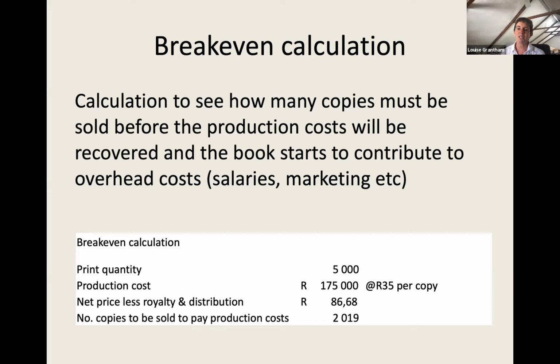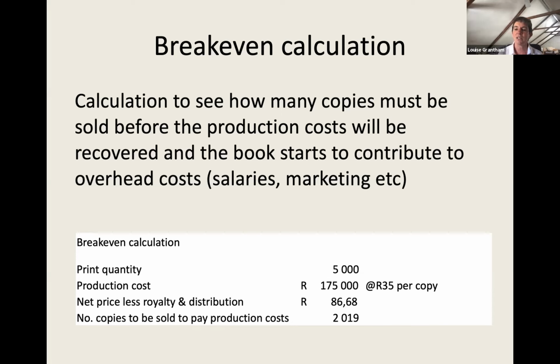And if we divide our production cost by that 86 Rand, it tells us that it's just over 2,000 copies that we have to sell before we have covered our outlay in terms of production. So it's just a slightly different way of looking at the same figures.